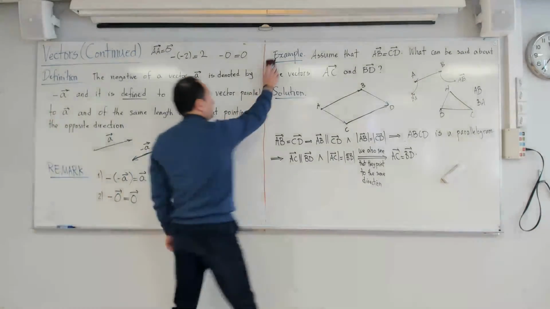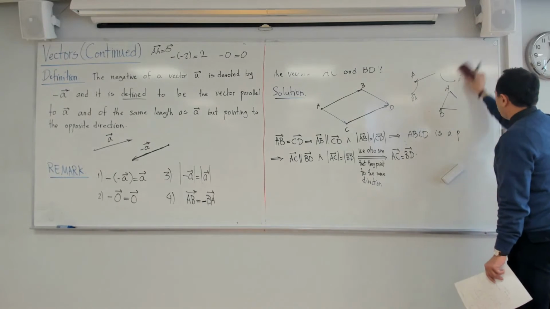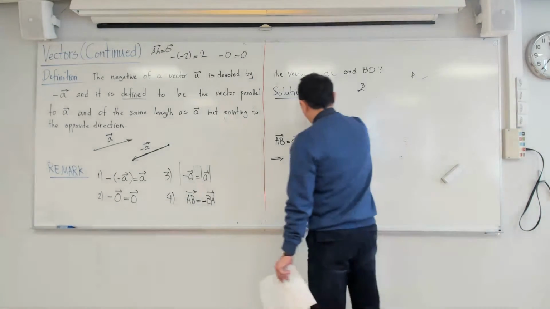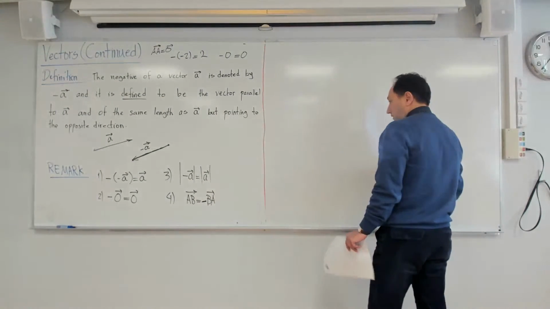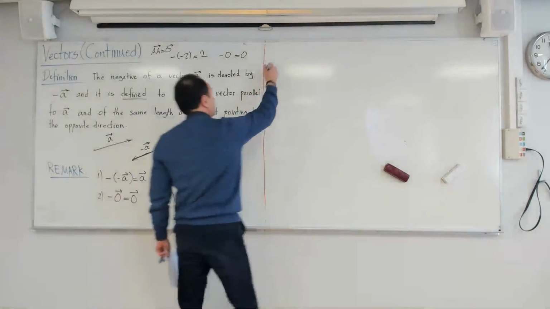Okay, now let me remind you about addition of 2 vectors again. I hope that you haven't forgotten that, but I will repeat most of it here. So, addition of vectors.